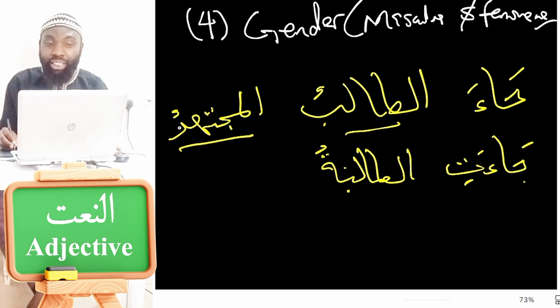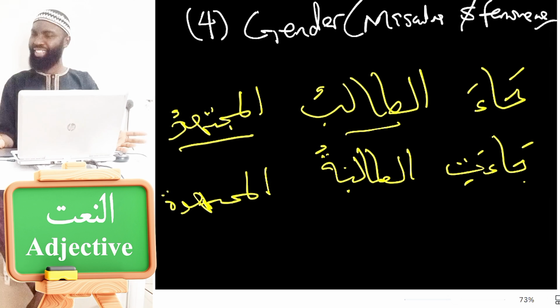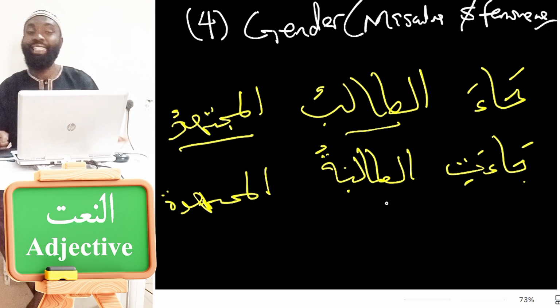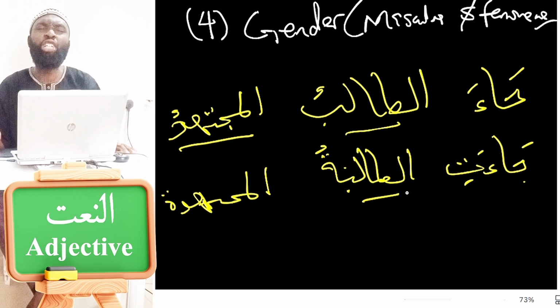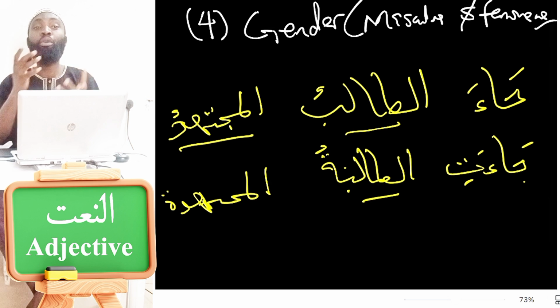The word al-mujtahidu here will no longer fit in. So we need a feminine adjective, which is al-mujtahidatu. Is that clear? So you cannot say ja'a talibul mujtahidatu, the same way you cannot say ja'at talibatul mujtahidu. No. The adjective must also agree with the noun in terms of gender.